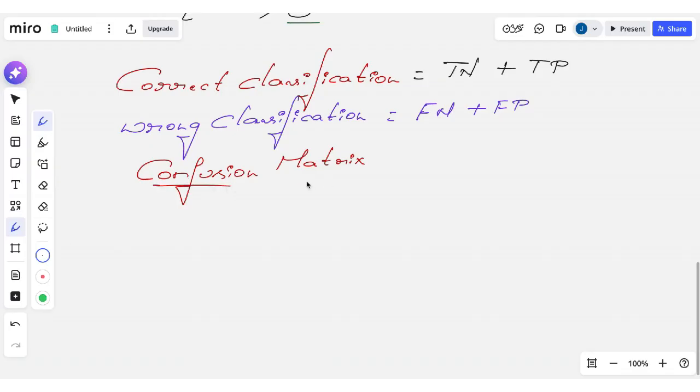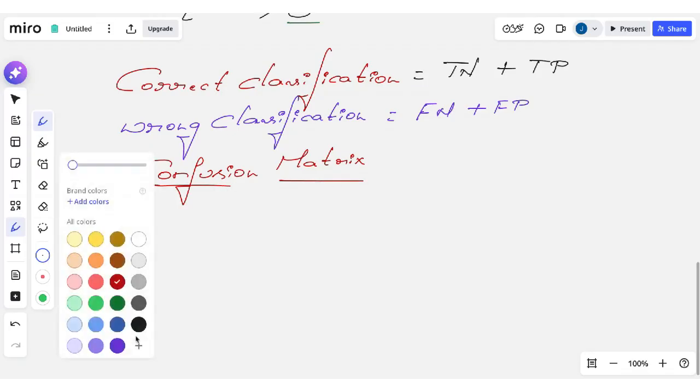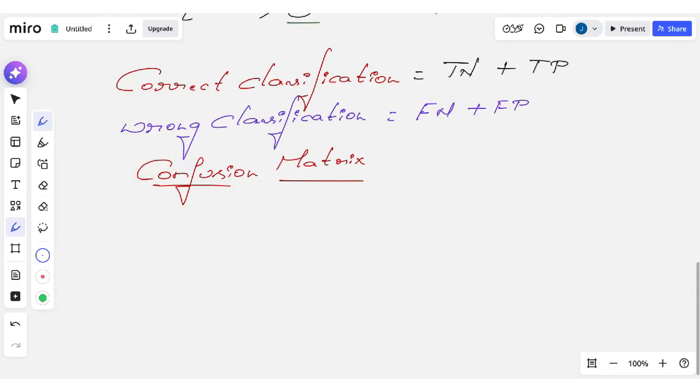Okay, so what is the definition of a confusion matrix?